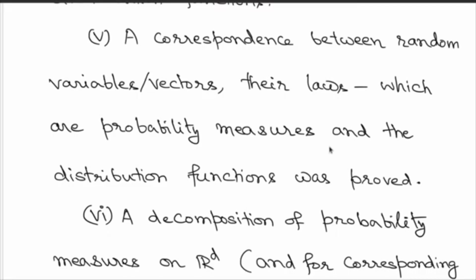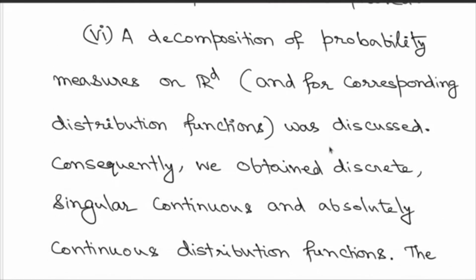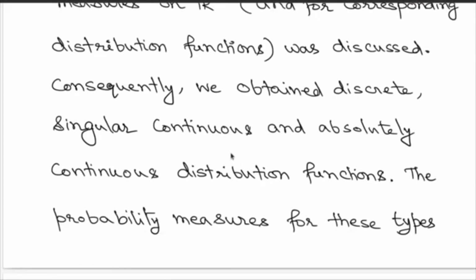Now, once we have understood these correspondences, we looked at decomposition of probability measures on these Euclidean spaces R^d, and accordingly a similar decomposition was also discussed for corresponding distribution functions. Consequently, we obtained discrete, singular continuous and absolutely continuous distribution functions.